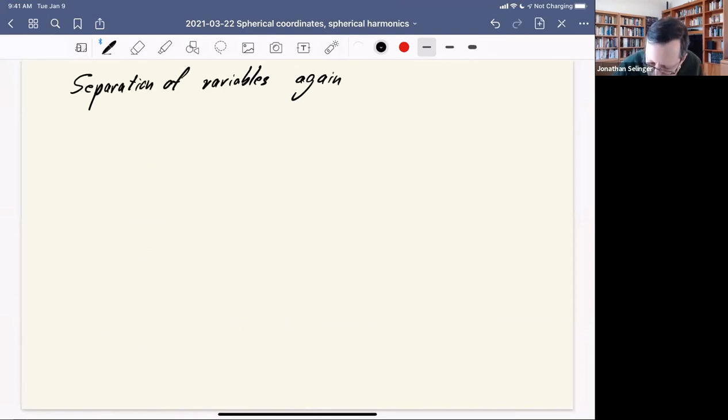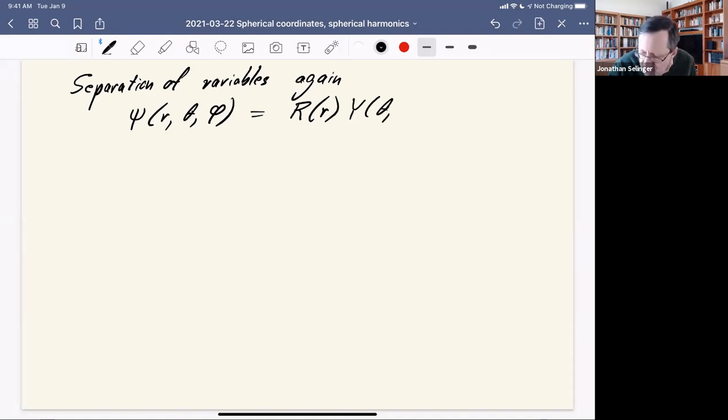Let's suppose that this ψ that depends on the three variables in spherical coordinates is one function of r times another function Y of θ and φ.